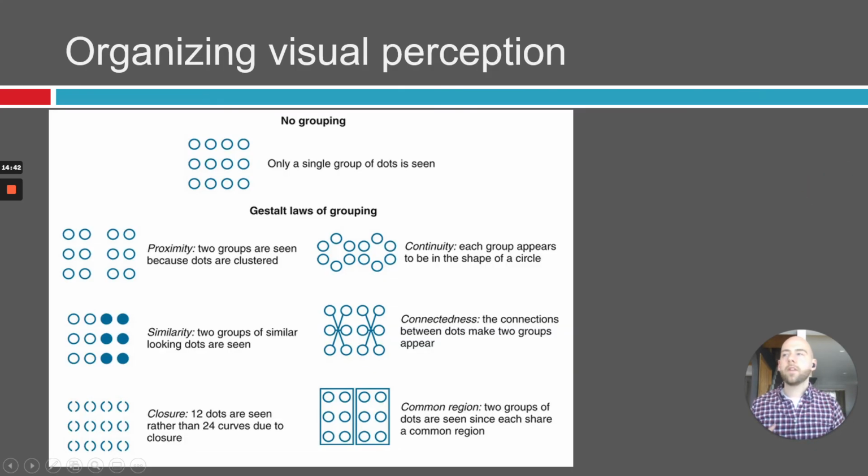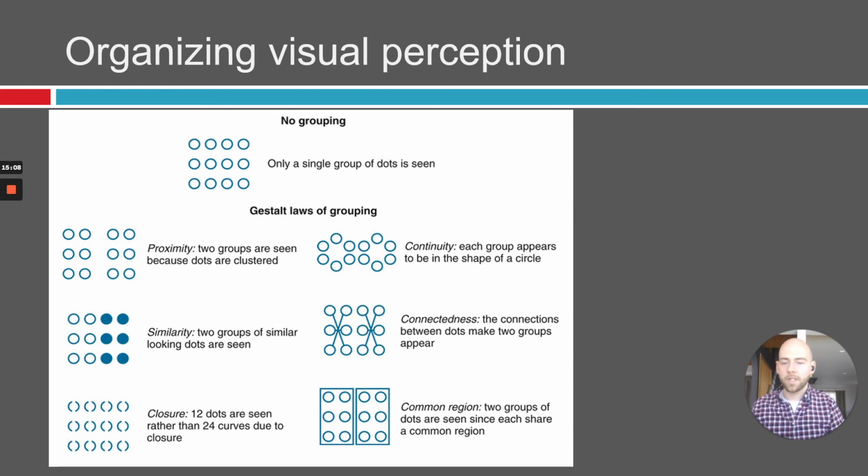The way that we not only see colors, but the way that we see groups of things, this kind of difference between sensation and perception again, is largely influenced by how things are arranged in a way too. So you perceive things as being grouped in different ways if they are organized according to what we might call Gestalt laws of grouping.